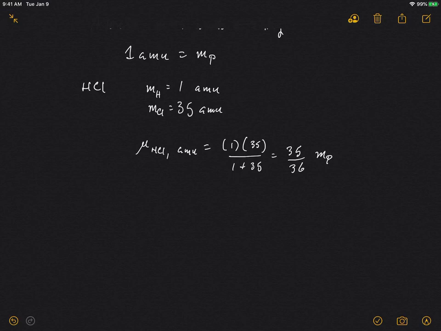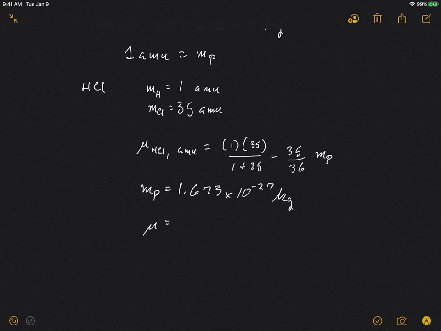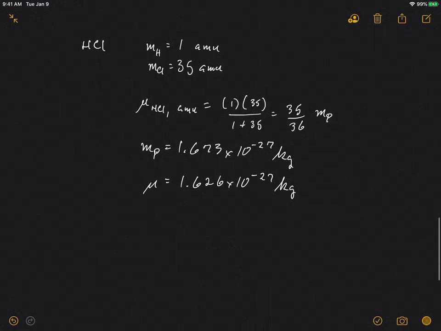Of course, the mass of a proton is 1.673 times 10 to the minus 27 kilograms, and mu is going to be close to that, 1.626 times 10 to the minus 27 kilograms. We expect it to be different in the third digit, and that's roughly what we see here.